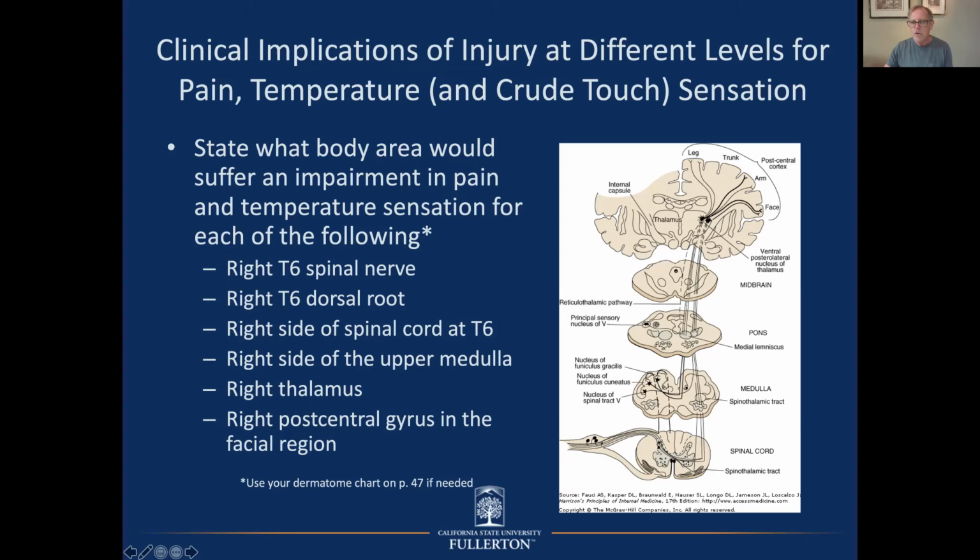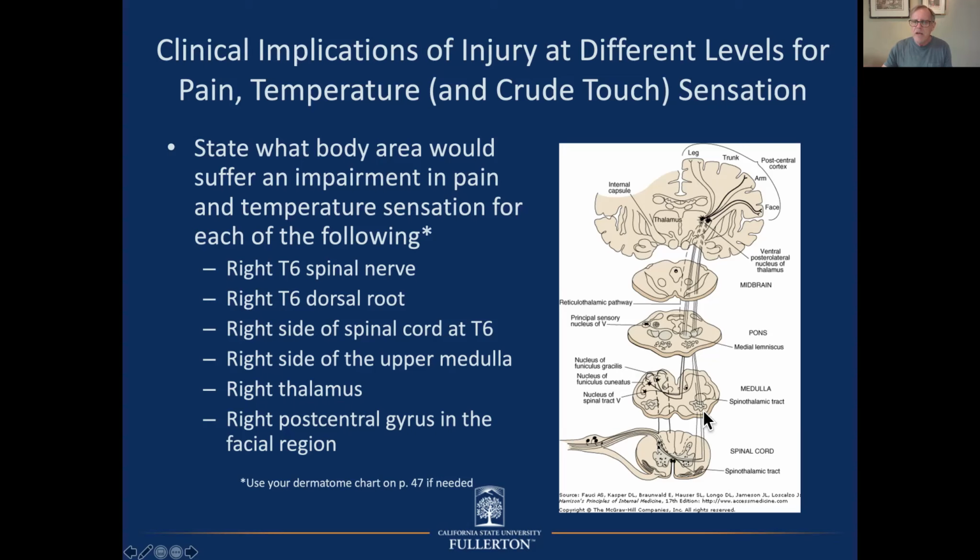Second order neurons are crossing the midline and organizing themselves into a lateral spinal thalamic tract and a medial spinal thalamic tract. Let's forget the medial. Let's just follow this lateral. It goes up and is labeled the lateral spinal thalamic tract. It gets into the medulla, and here the lateral and the medial come together into one tract, and it's simply called the spinal thalamic tract.